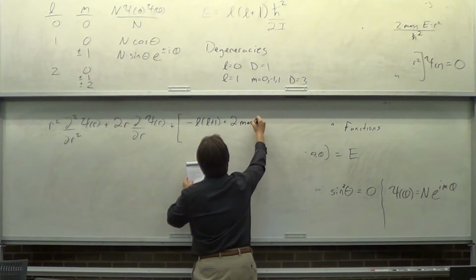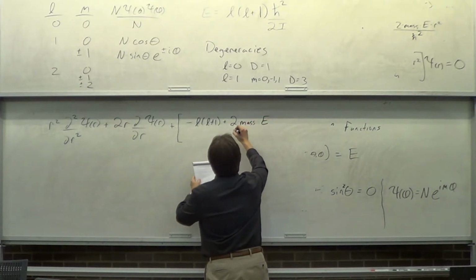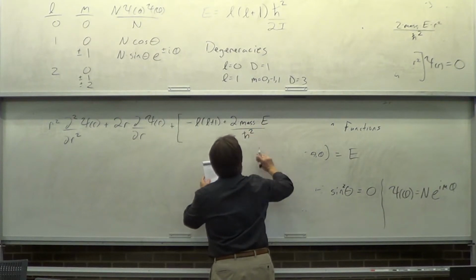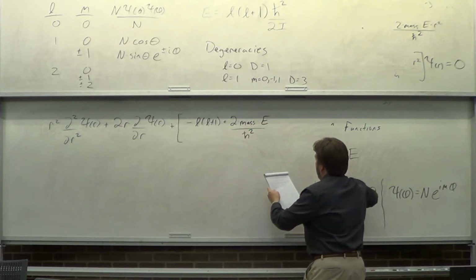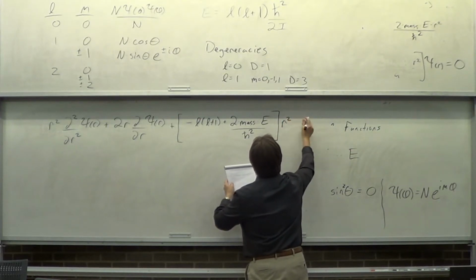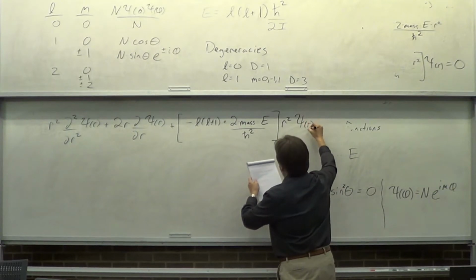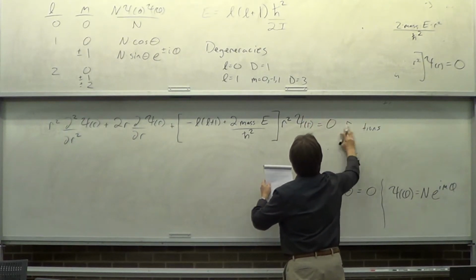There's my 2 times my mass, there's the energy over h bar squared, so there's our usual kinetic energy stuff. And then here's r squared.